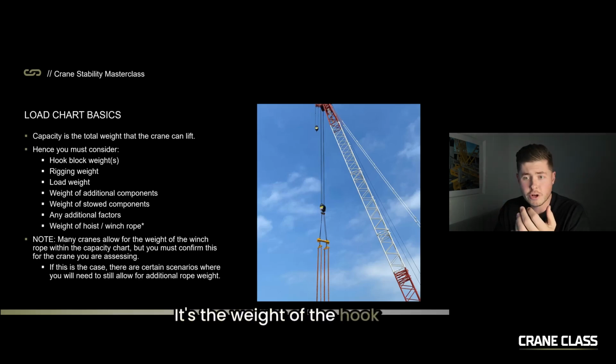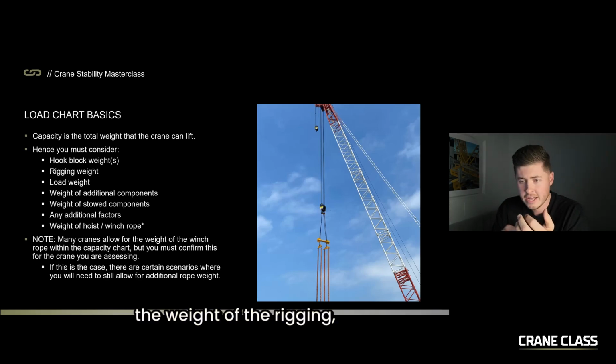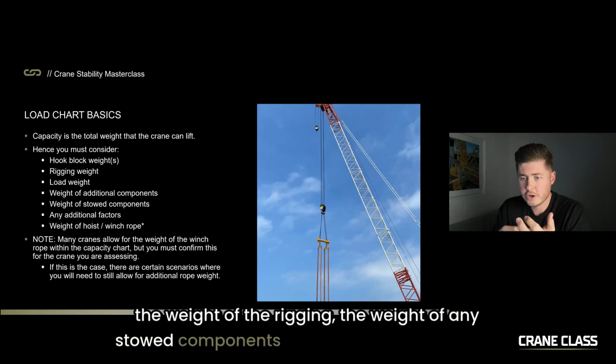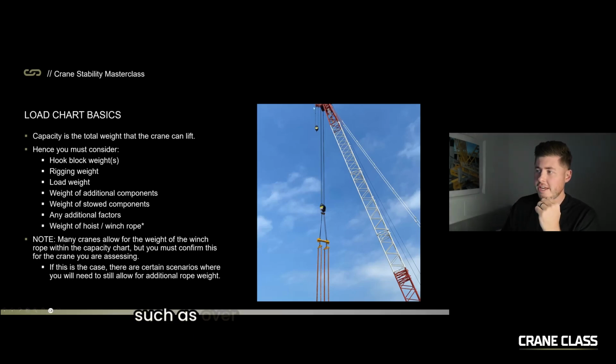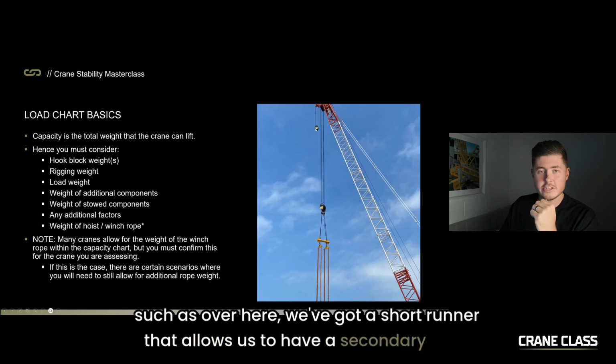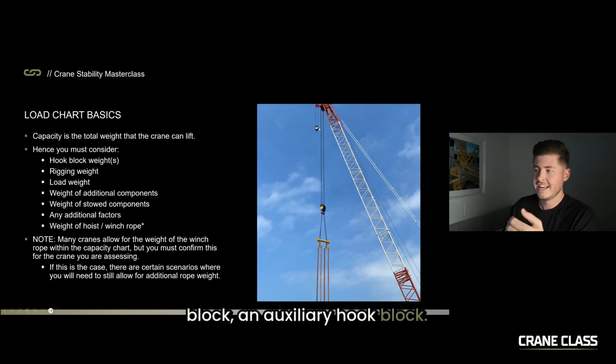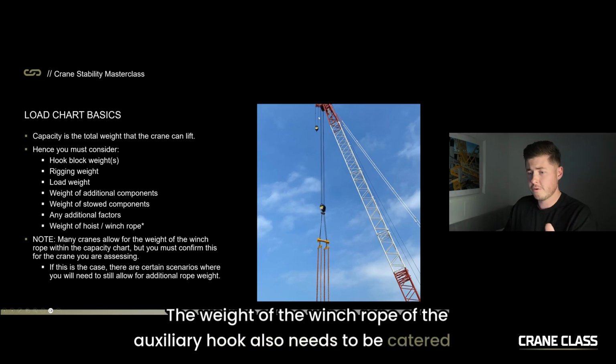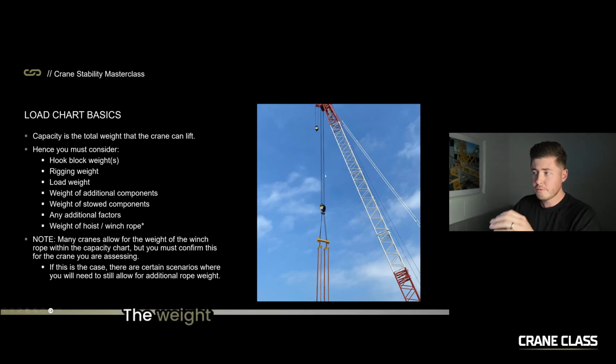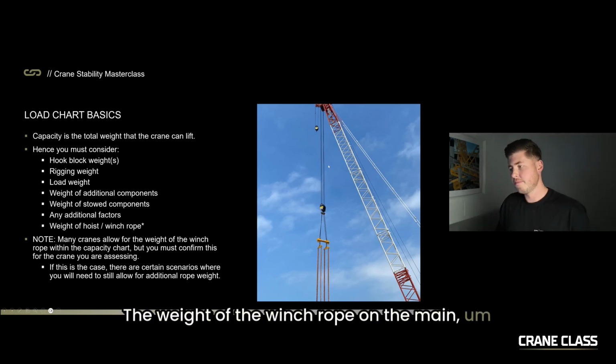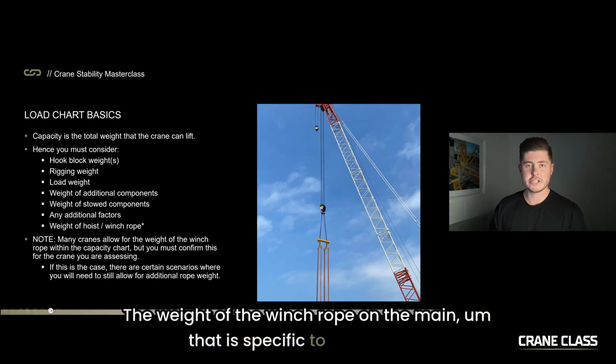It's the weight of the hook blocks, the weight of the rigging, the weight of any stowed components or additional components, such as over here, we've got a short runner that allows us to have a secondary hook block, an auxiliary hook block. The weight of the winch rope of the auxiliary hook also needs to be catered for. The weight of the winch rope on the main, that is specific to each crane.